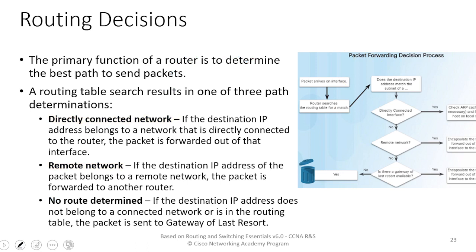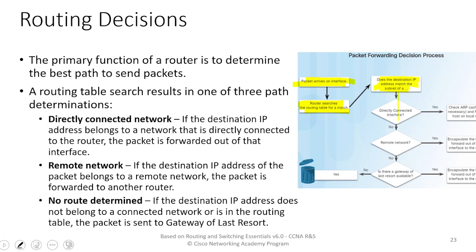For example, when a packet arrives at an interface, it will search the routing table to see if it has a match. And then if it has, based on the destination address, it will look up the destination address and the subnet, and it will make certain decisions.